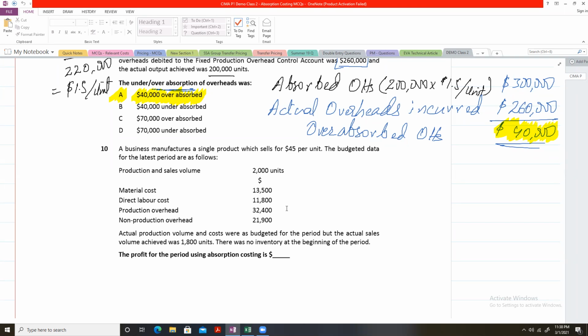In marginal costing, we only deduct variable costs from the sales revenue to get the contribution, and inventories are valued at the variable production costs. So keeping this point in mind, you need to solve this question.